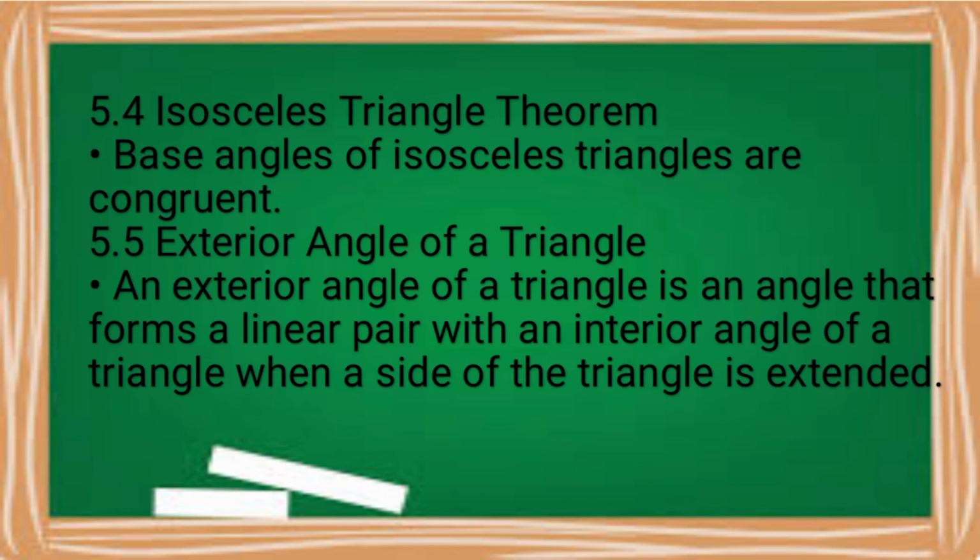An exterior angle of a triangle is an angle that forms a linear pair with an interior angle of a triangle when a side of the triangle is extended. Yes, just like this. If it is extended.